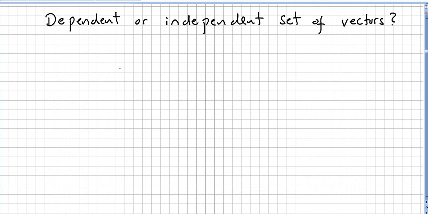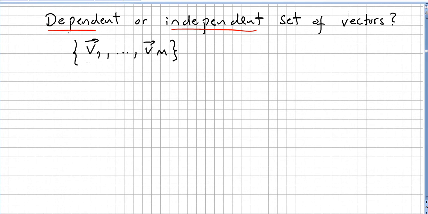So in this series of videos in the chapter of linear dependence, we still did not define what are dependent or independent sets of vectors. So let us answer that question. Let us say we have a set of vectors v1 to vm.